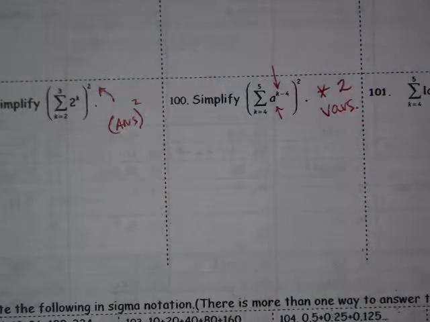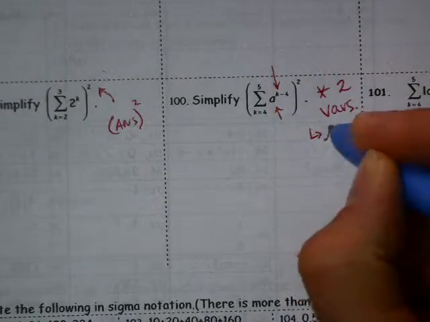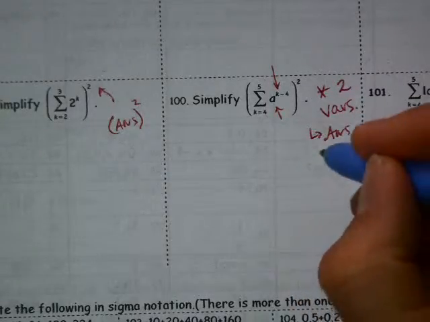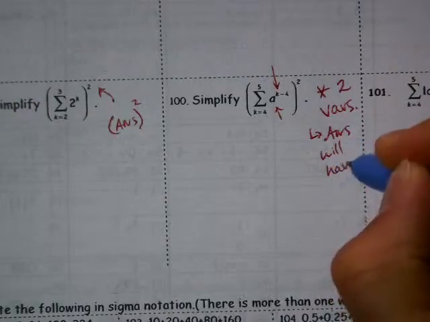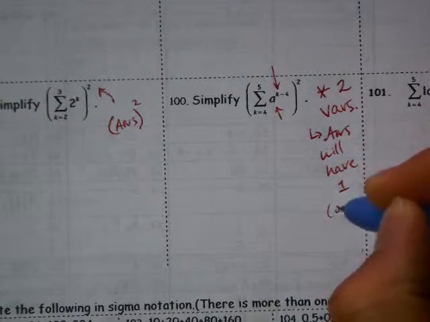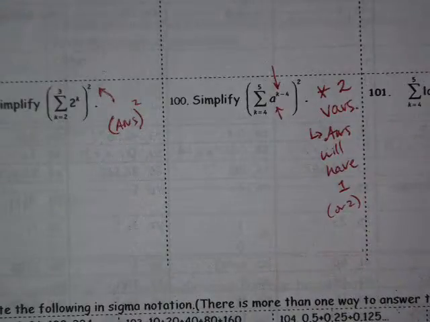When you have two variables in your question, usually if you have 2 in your question, your answer will have 1. It could have 2 depending on the way they cancel.